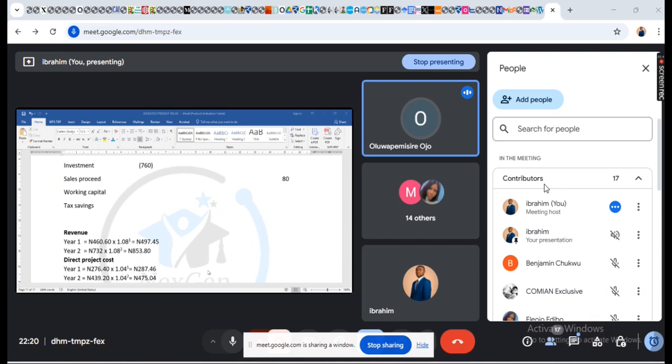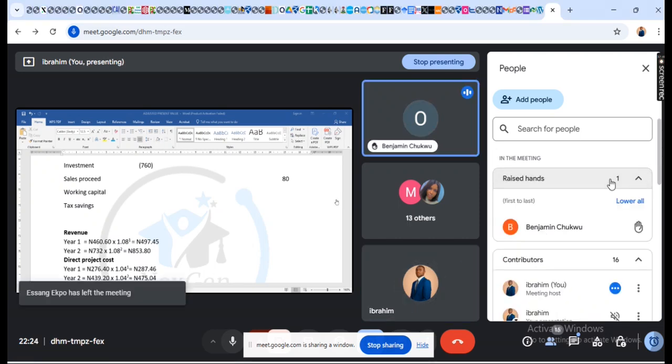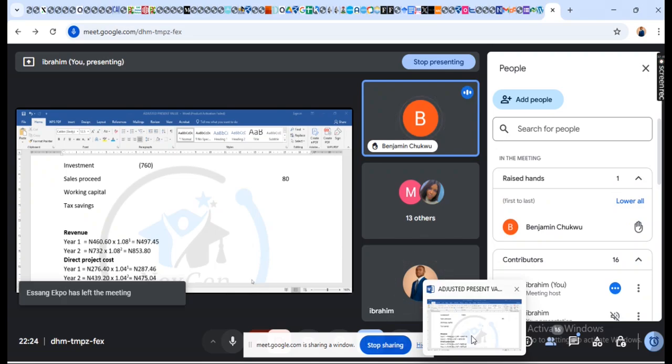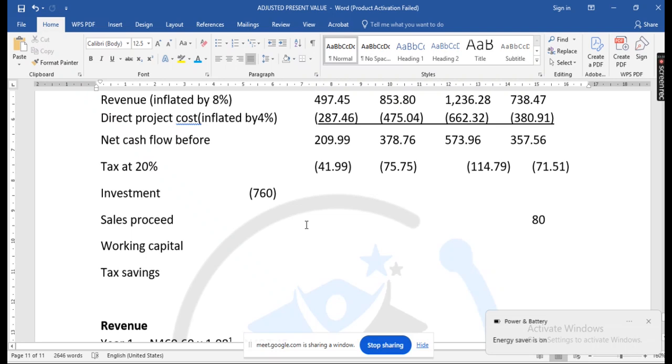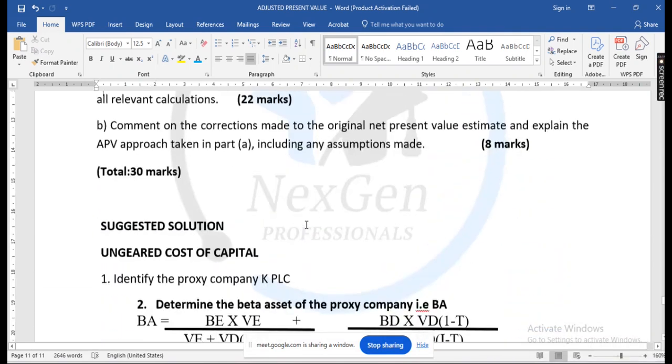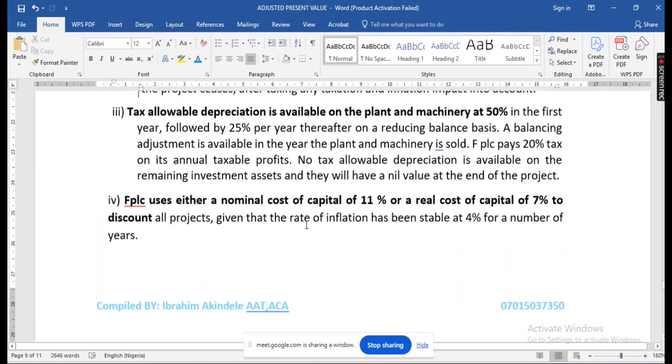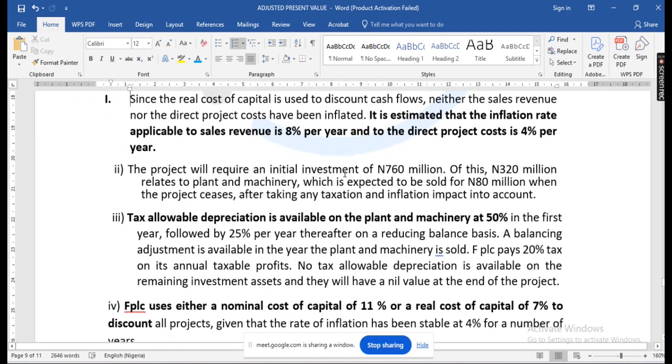Who have question? Okay, Benjamin. Yeah, sir, it's me. Okay, the 80 million that we put under year 4, how are we to know exactly under which year we are to put the 80 million? Are you with the material? Please make sure you print your material out, okay? Let me show you. I don't think you were in this class when we started the analysis.